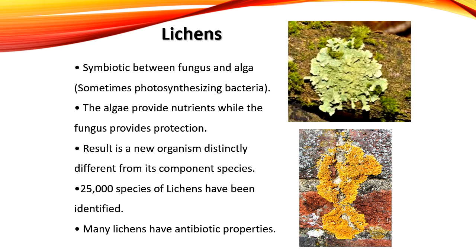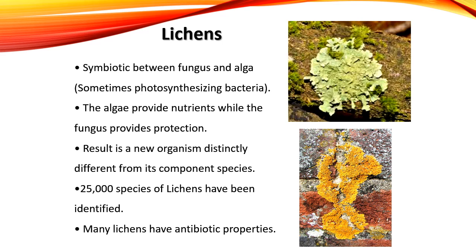Lichens are a form of symbiosis between fungus and alga, or between fungus and photosynthesizing bacteria. The algae or the photosynthesizing bacteria provide nutrients through photosynthesis, while the fungus provides protection through its metabolites.